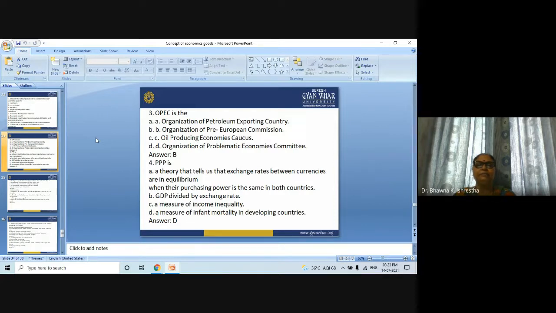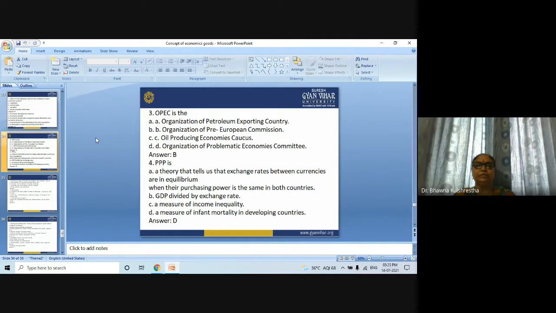And PPP stands for a theory that tells us that exchange rates between currencies are in equilibrium when their purchasing power is the same in both countries.